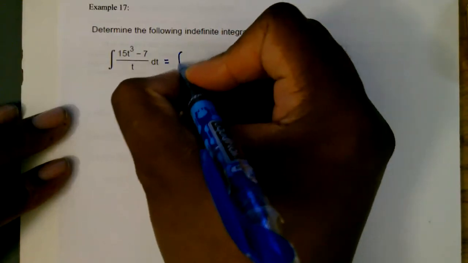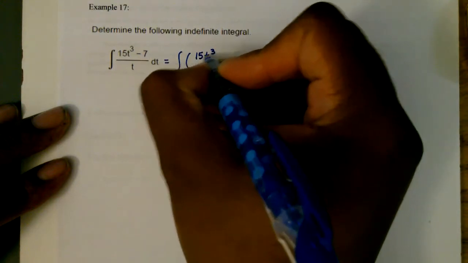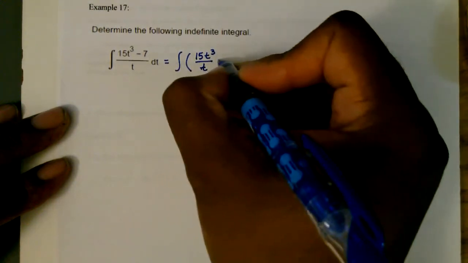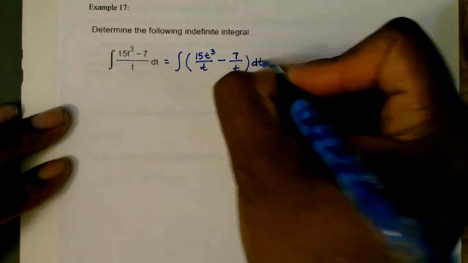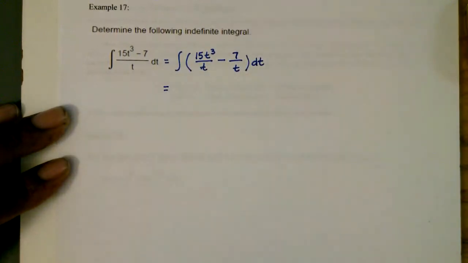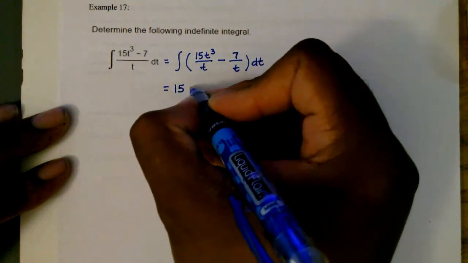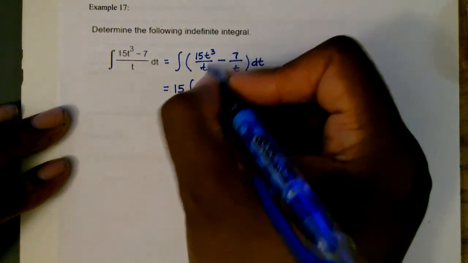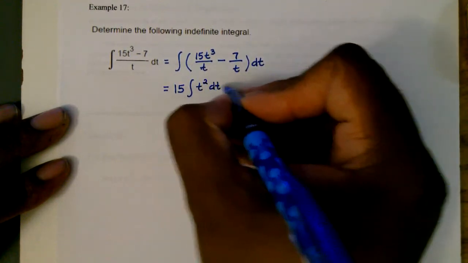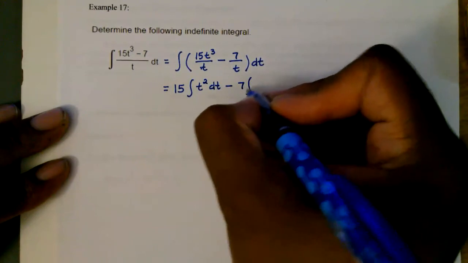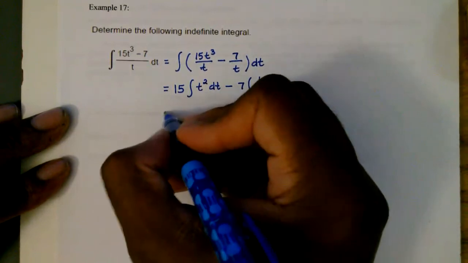So I'm going to have the integral of 15t cubed divided by t minus 7 divided by t dt. And I'm going to pull the 15 out in front here. So this will be 15 times the integral of t cubed divided by t, which will be t squared dt, minus, then I'm going to pull the 7 out in front, times the integral of 1 over t dt.